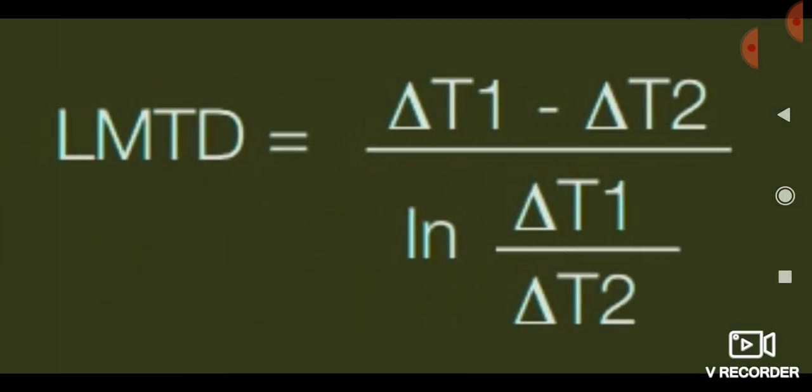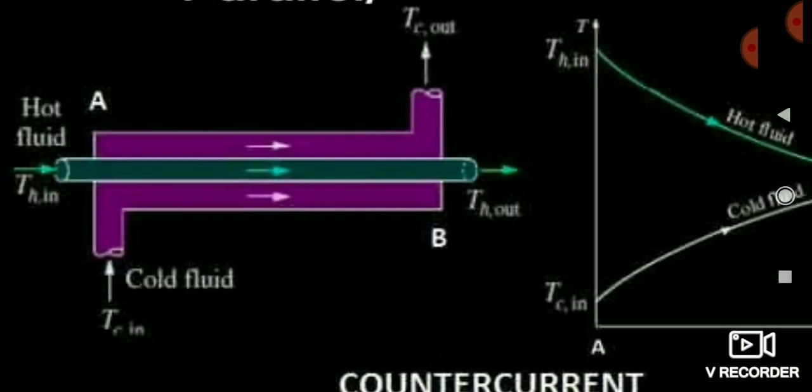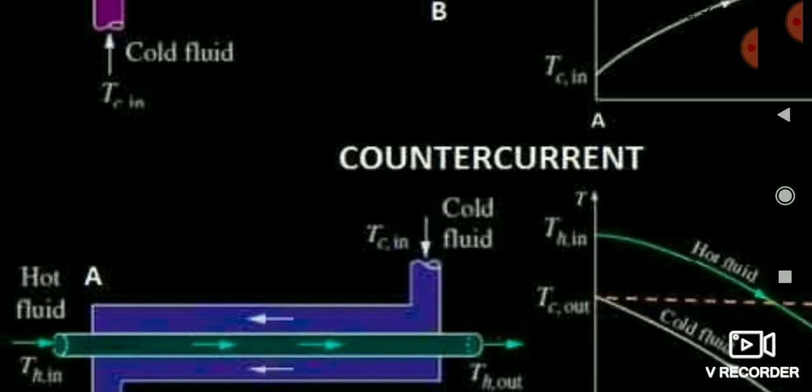Here you see in the formula that delta T1 is calculated as THI minus TCI, meaning both the values are on the same side. And similarly, friends, for counter flow you can calculate the delta T1 value by THI minus TCO.